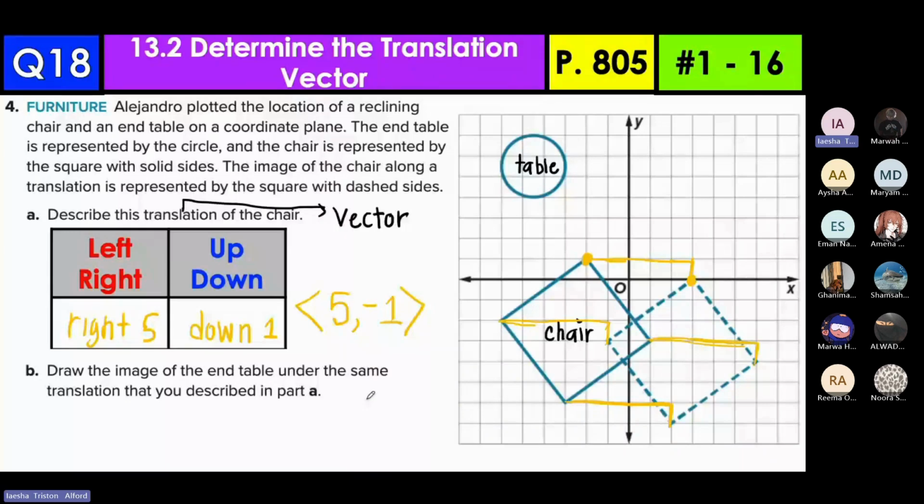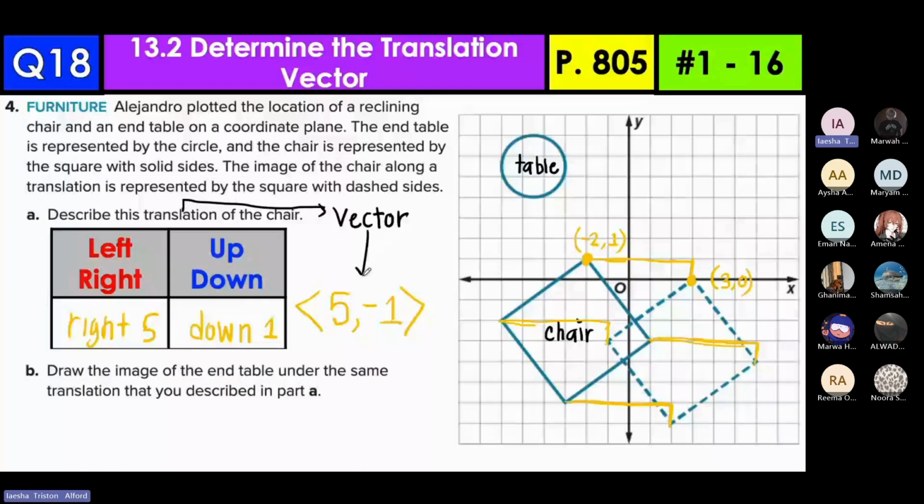But if I ask you where is this point, you would tell me negative 2 and positive 1. This point is at negative 2 and positive 1. It's not the vector. Where is the new point? We went right 3 and stay. So positive 3 and 0. You understand the difference about the vertice or the point. 2 words.